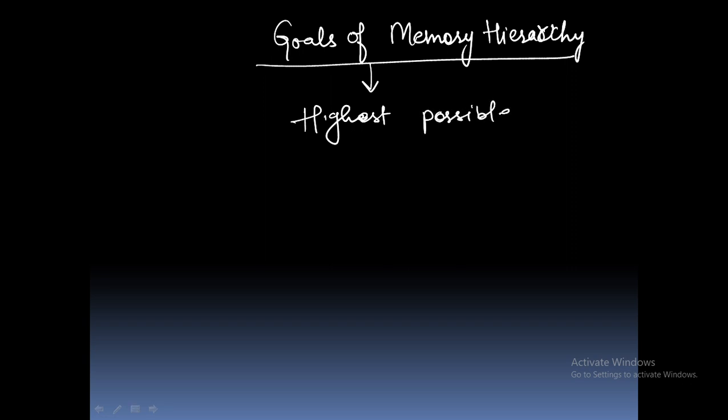Now the next point is, what are the main goals of memory hierarchy? Main goals of memory hierarchy. The main goal of memory hierarchy is to get the highest possible average access speed.